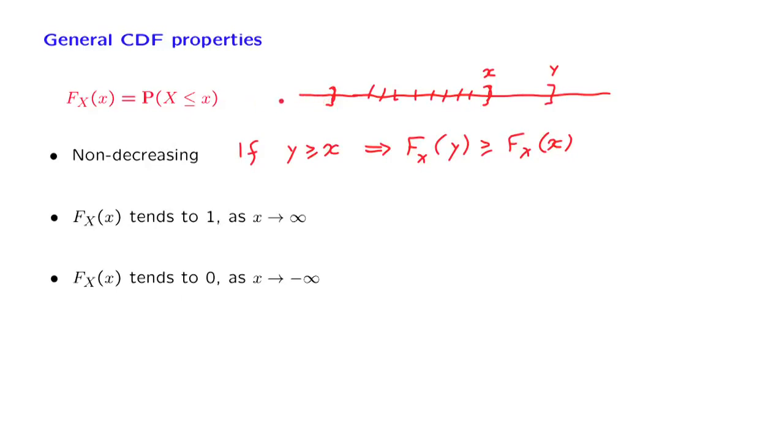That probability has to diminish and eventually converge to 0. So in general, CDFs asymptotically start at 0. They can never go down, they can only go up, and in the limit as x goes to infinity, the CDF has to approach 1. Actually, in the examples that we saw earlier, it reaches the value of 1 after a certain finite point, but for general random variables, it might only reach the value of 1 asymptotically.